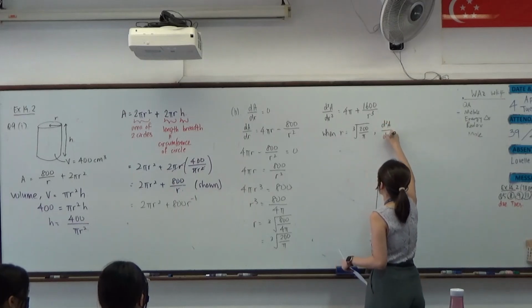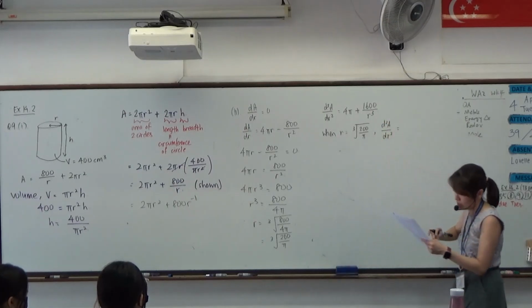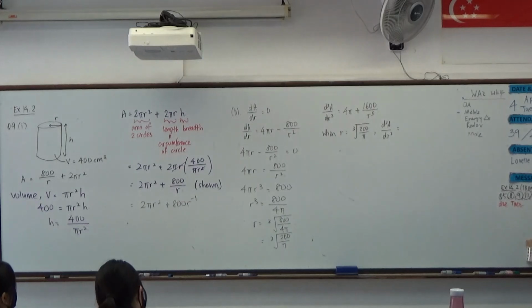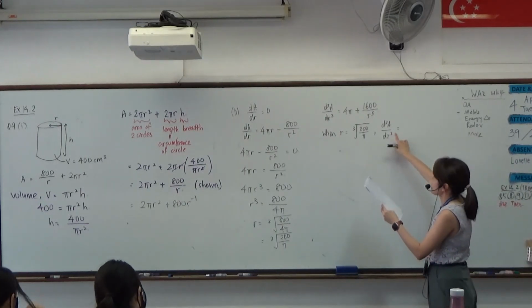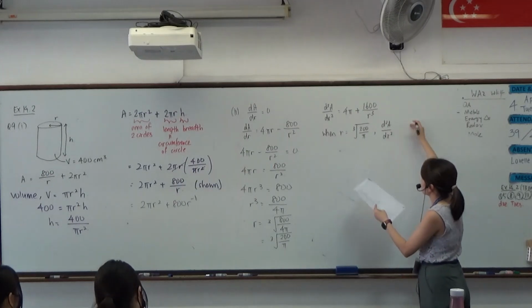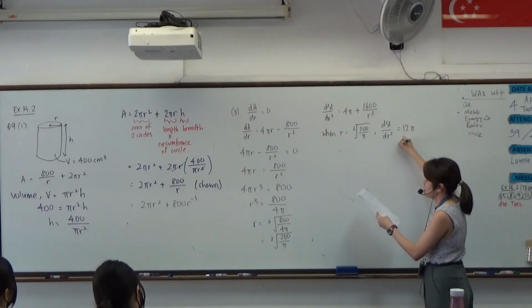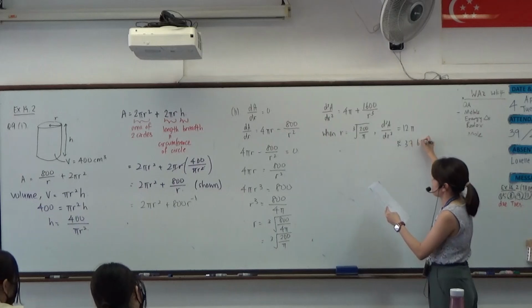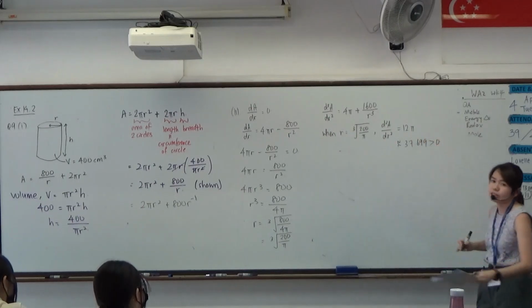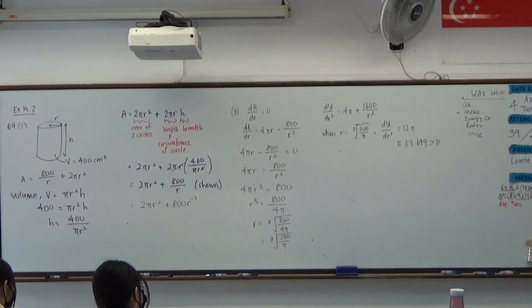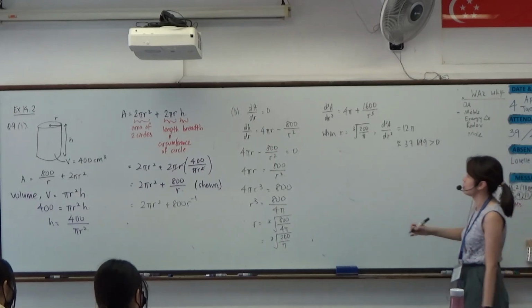In this case, doing your second derivative is fairly easy, but if you choose to do the first derivative test, that's perfectly fine as well. Your second derivative will be equal to 12 pi if you want to find it in exact form, or if you use a calculator, that's perfectly fine as well. Since we only want to know the sign, that will be 37.699, which is more than 0.